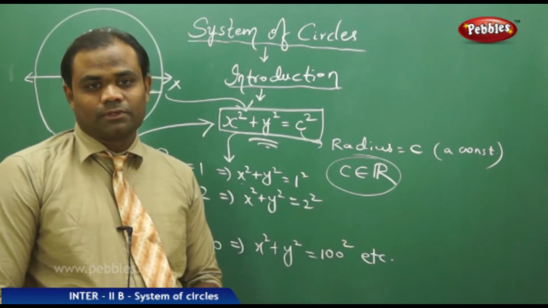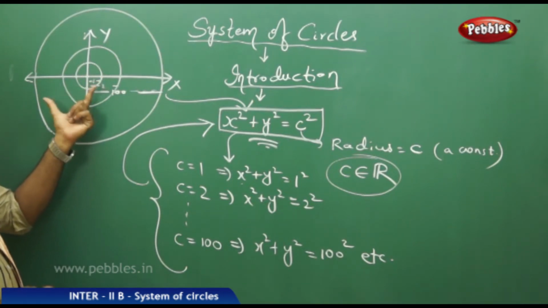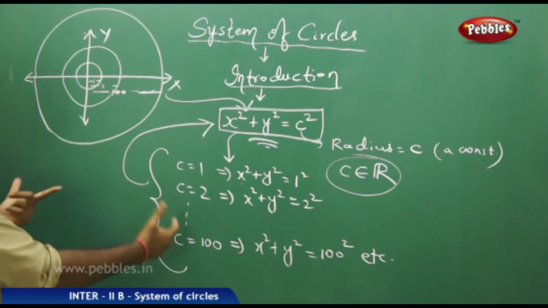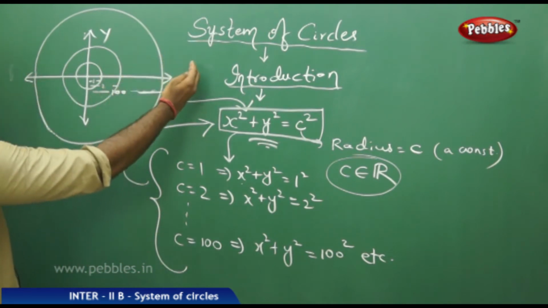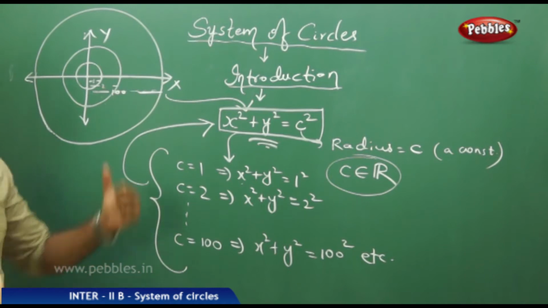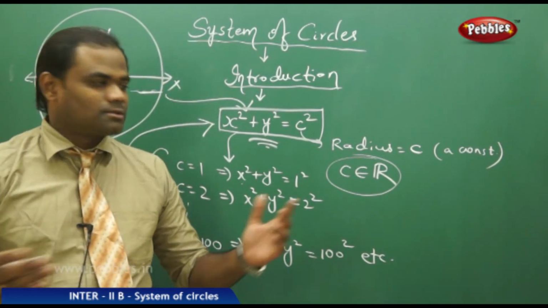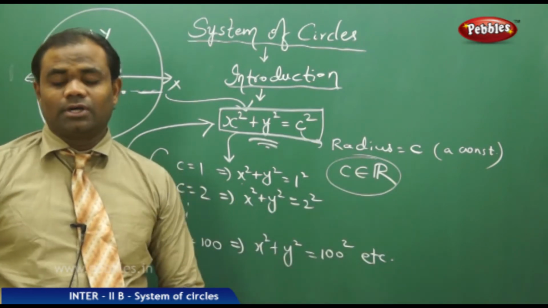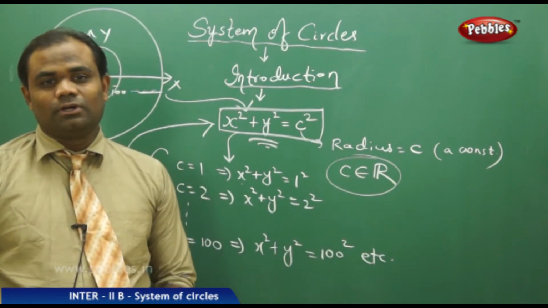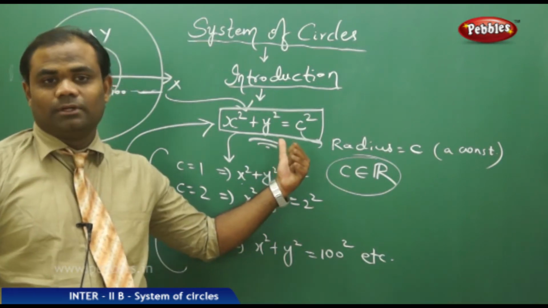With c equal to 1, I get the initial circle, and c equal to 2, I get this, and so on. When c is 100, I get a circle. All of this is the system of concentric circles which you see in this xy coordinate system, and the whole system depends on c. This is how we define the system of circles, taken with this example.